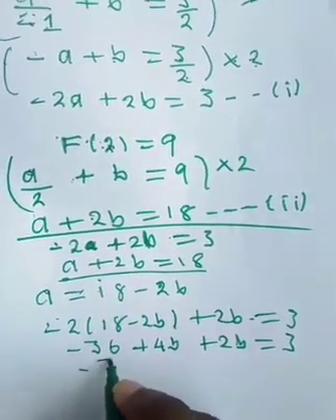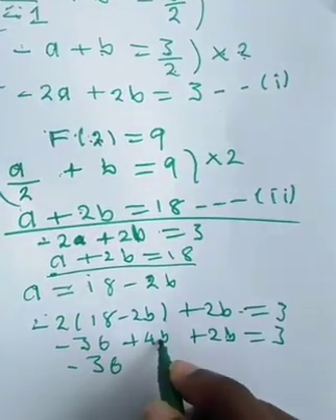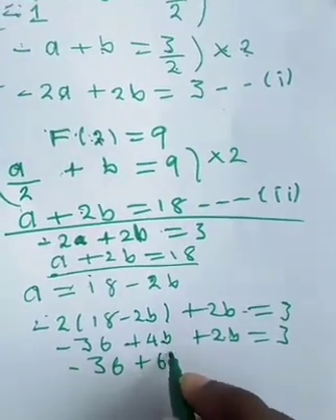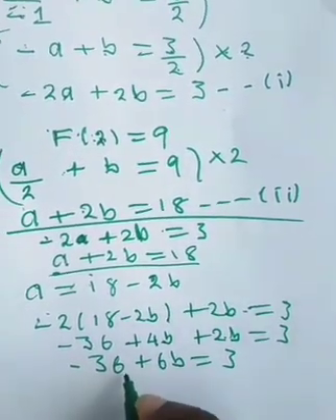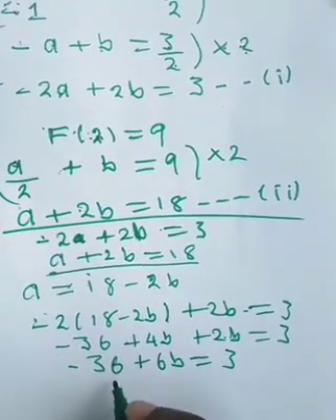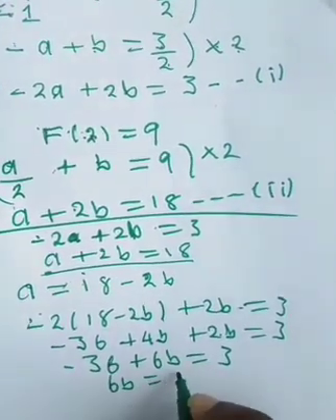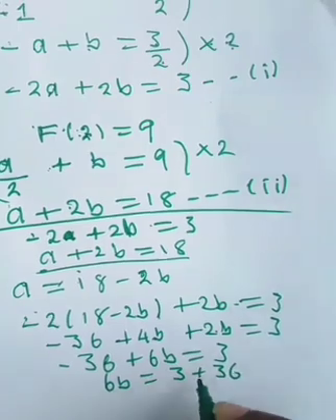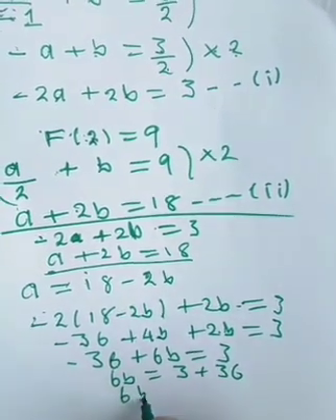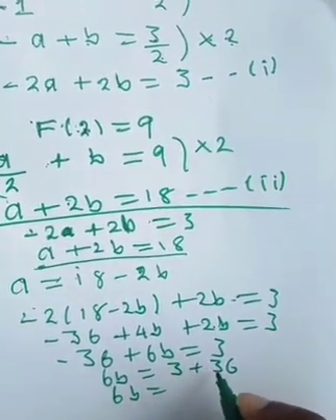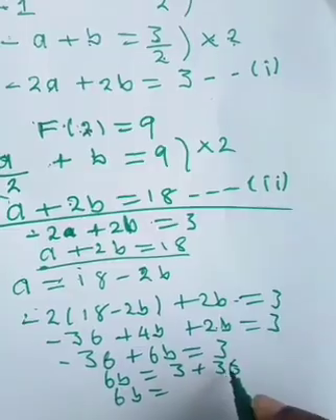So negative 4b plus 2b, that will be negative 2b... I'll take 36 from the other side. I'll have 6b is equal to 3 plus 36. So 6b is going to be equal to 36 plus 3.